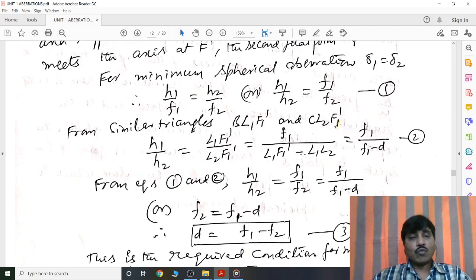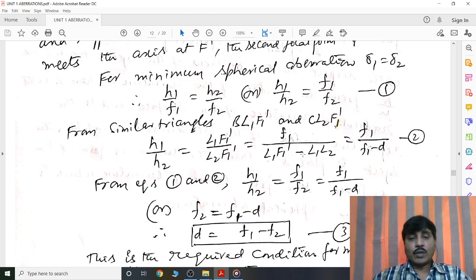That is equation 1. From similar triangles B L1 f1 dash and C L2 f1 dash, h1 by h2 is equal to L1 f1 dash by L2 f1 dash, that is equal to f1 by L1 f1 dash minus L1 L2, that is equal to f1 by f1 minus d. That is equation 2.